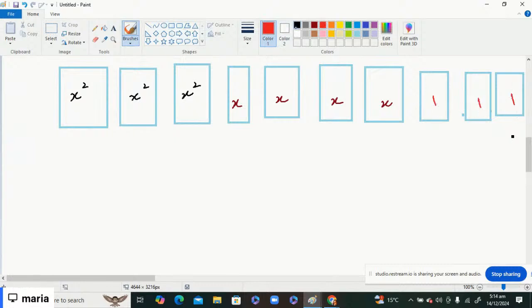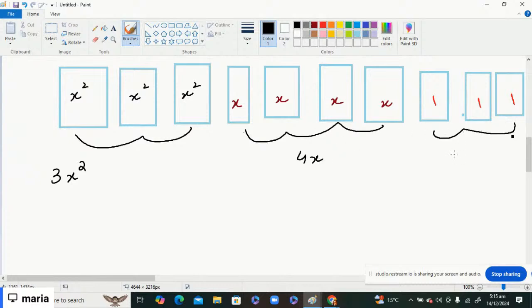So now how can we count these ones? First of all, check how many x square are here. There are 3x squares. How many x are there? There are 4x. How many 1s are here? There are 3. So you just write it down: 3x square plus 4x plus 3. And this is the expression of the polynomial.